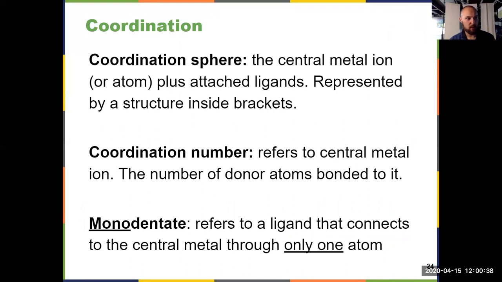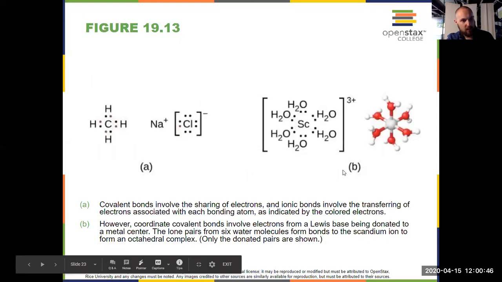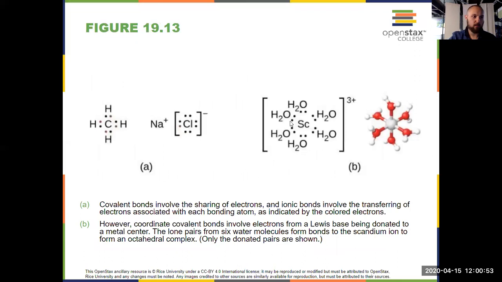So our center metal plus the ligands represented by a structure inside brackets because they're typically charged. Right? So jumping back a slide, everything inside the brackets represents a coordination sphere. The difference between this and a coordination complex is a coordination complex typically will include a counter ion as well. That's not shown here, something to balance the charge.